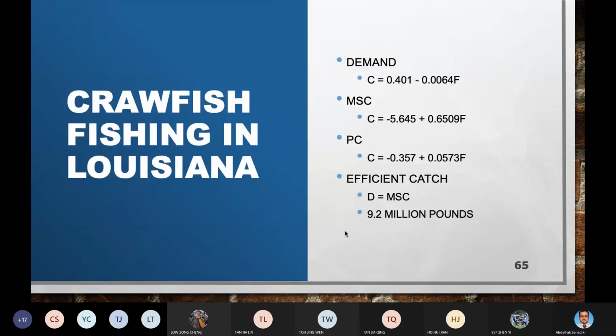Marginal social cost: C equals minus 5.645 plus 0.6509 F. Private cost: C equals minus 0.357 plus 0.0573 F. For the efficient catch, the marginal benefit, which is the demand, must equal the marginal social cost. When this equals this, we find F equals 9.2 million pounds.